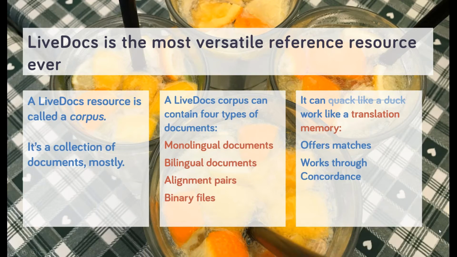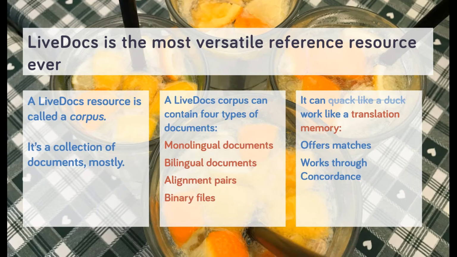And it isn't only collecting documents, it also works. It gives you input. It can work very much like a translation memory, because it will offer matches in the same style a translation memory does. And you can also search in a LiveDocs corpus through concordance. As an additional benefit, you can always look at the documents.